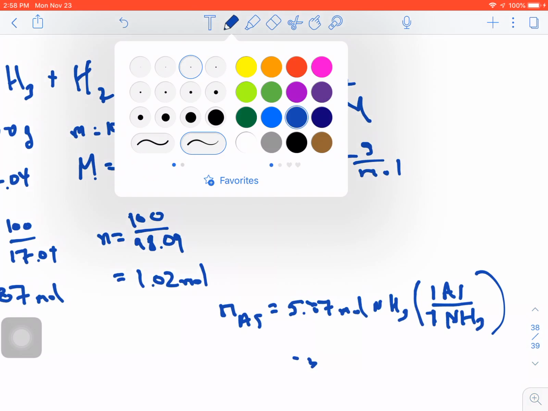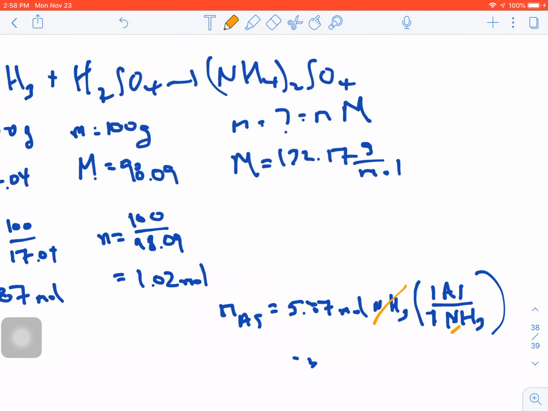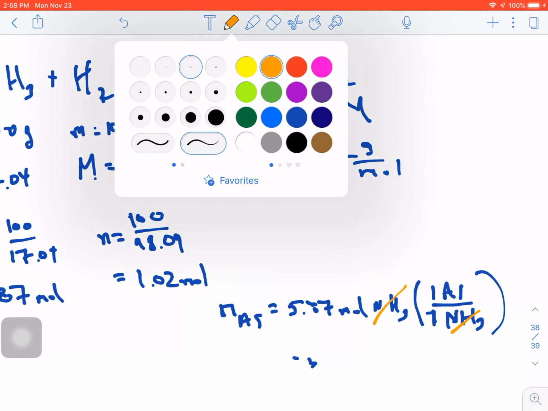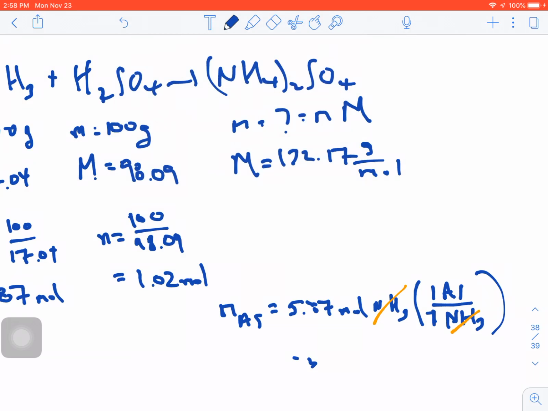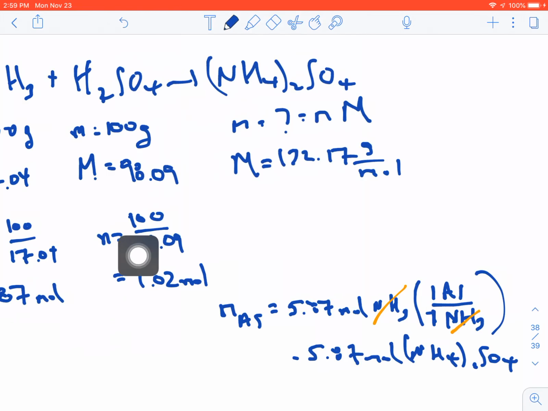Okay, again, notice that my NH3s are going to cancel, and I will be left with 5.87 moles of ammonium sulfate, (NH4)2SO4. Let's write the whole thing out. (NH4)2SO4.